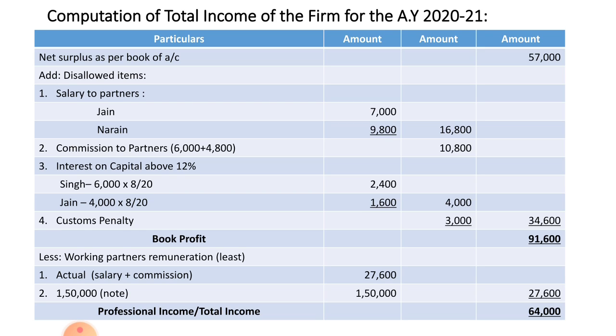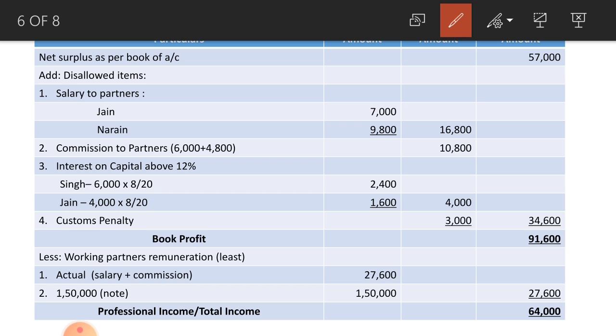So the first one you have to write is salary to partners Jain and Naren, 7,000 and 9,800 respectively. That becomes 16,800. Next, commission to partners 6,000 and 4,800, that amounts to 10,800.